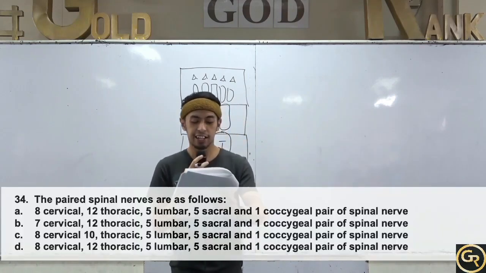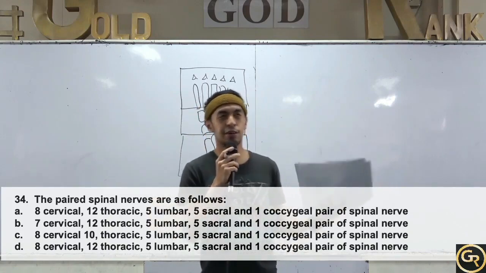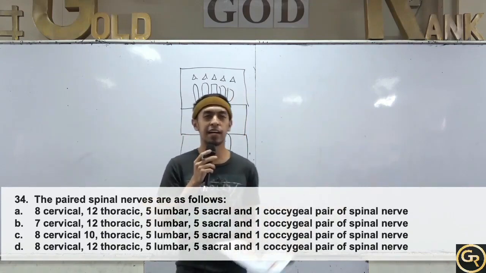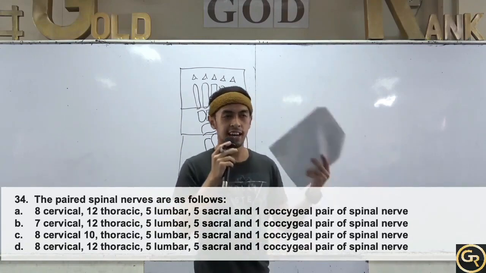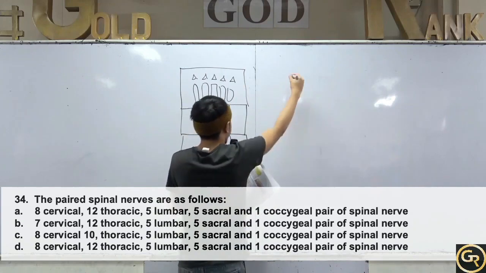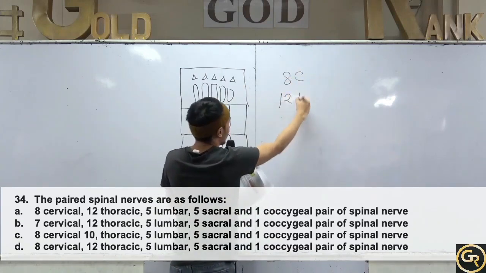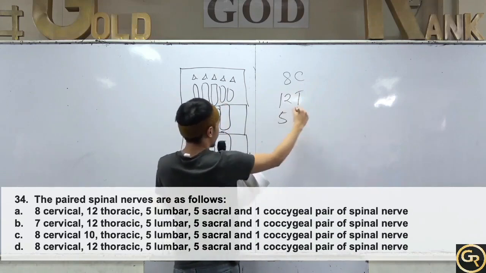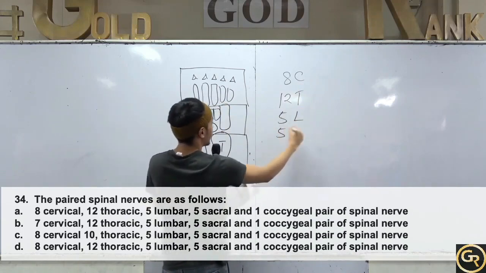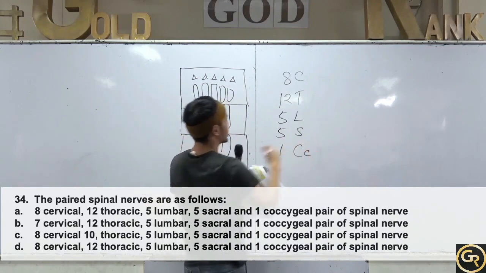Number 34. The paired spinal nerves are as follows. So, ilan nga po ba yung spinal nerve roots ng ating spinal cord? Kung bibilangin nyo, you have 8 cervical, you have 12 thoracic, you have 5 lumbar, you have 5 sacral, and you also have 1 coccygeal.